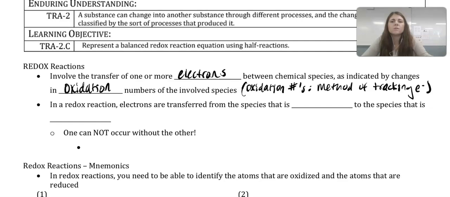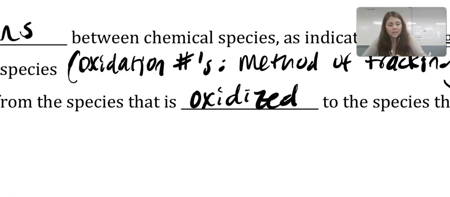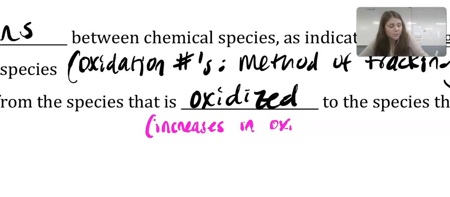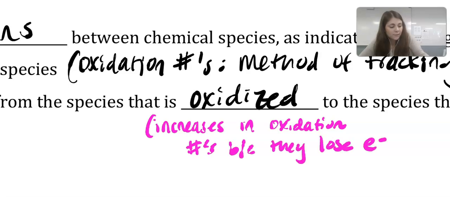So in redox reactions, electrons are transferred from the species that is oxidized to the species that is reduced. Real quick, the oxidized species increases in oxidation numbers, and this is because they lose electrons.